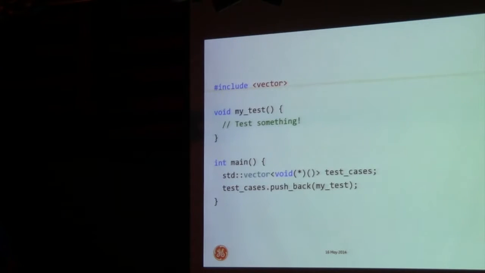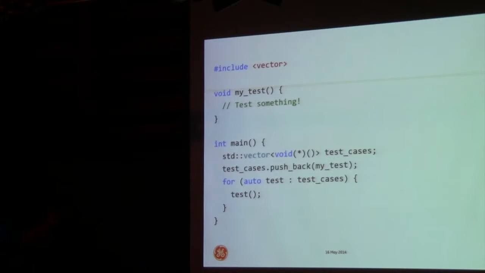Once it is in your vector, you do have to have some way of running it. Just use a for each loop and call every test. It's pretty straightforward, pretty easy to do. But every time you add a test, you have to go in and remember to add it to your list, and hope that everybody else who's added a test has added it to the list.